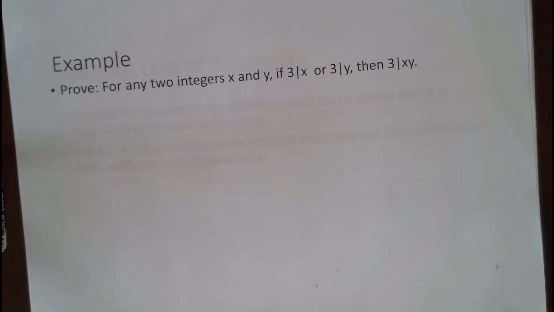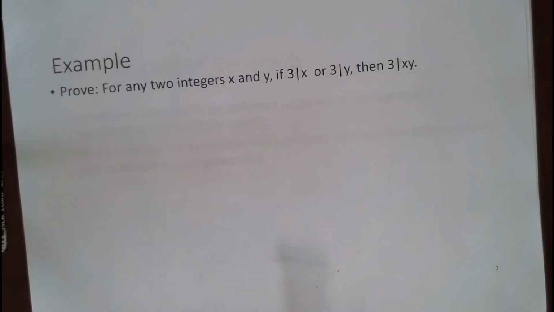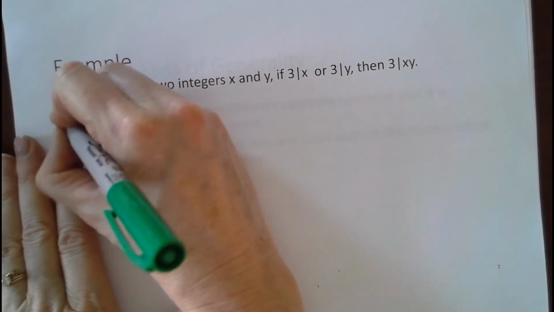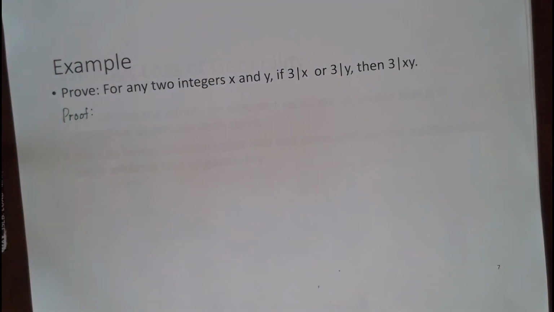As long as it divides one of them, the proofs are going to be exactly the same. They're so similar that I don't need to cover, let's say this one is true and this one is false, or this one is false and this one is true. The proofs are exactly the same. So it doesn't make sense to go through and just change all the x's to y's and repeat it. Let's look at how we can make this a little bit shorter.